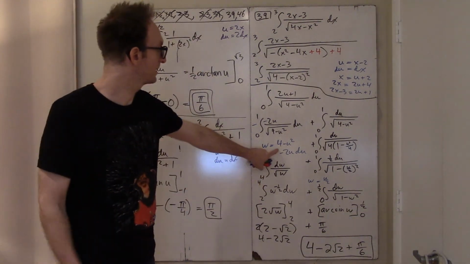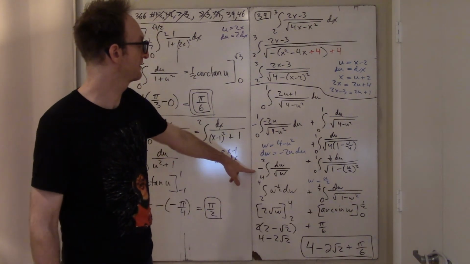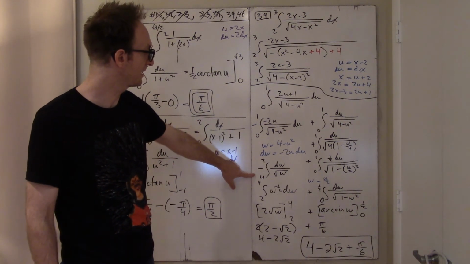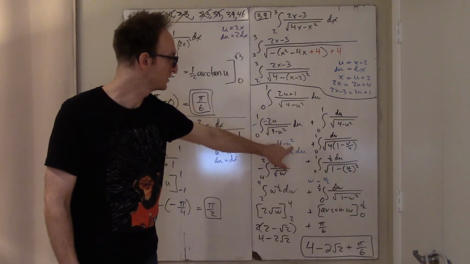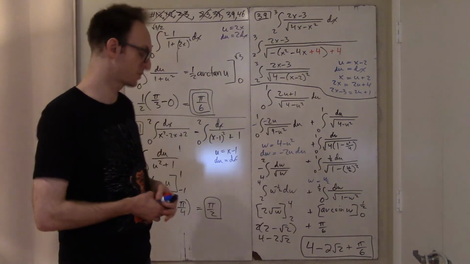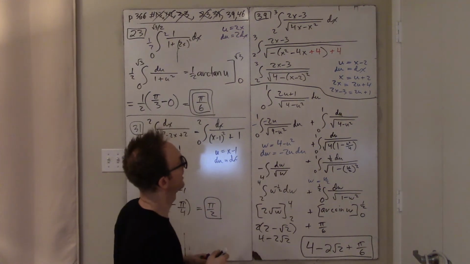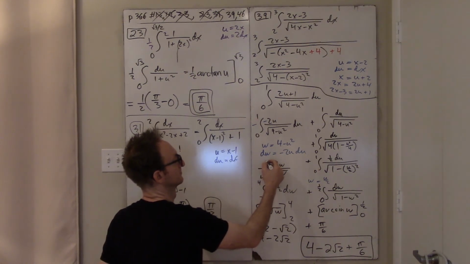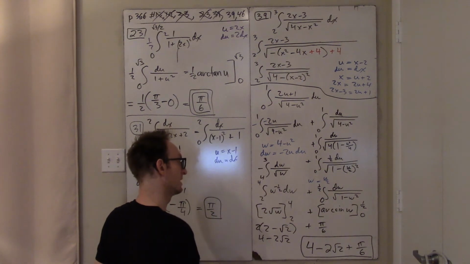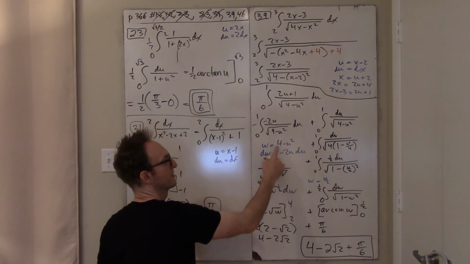Way back here, w is 4 minus u squared, but of course when I changed the limits, I was too sloppy, because when u is 1, u squared is 1, so 4 minus that should be 3. So, apologize for that. This should be, in fact, 3, because when u is 1, w is 3.